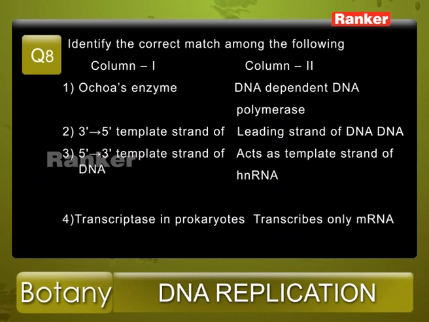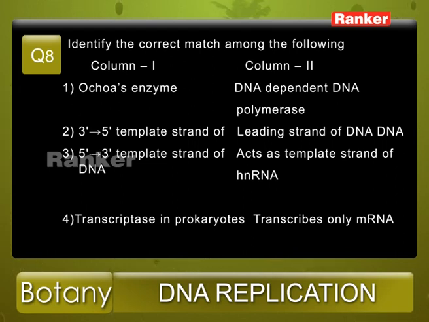Question number 8. Identify the correct match among the following. Column 1, option 1, Khorana's enzyme. Column 2, DNA dependent DNA polymerase. Second option, 3' to 5' end template strand of, column 2, leading strand of DNA.